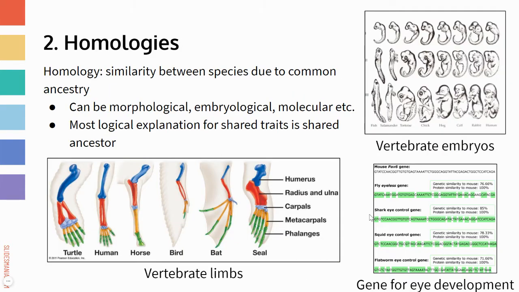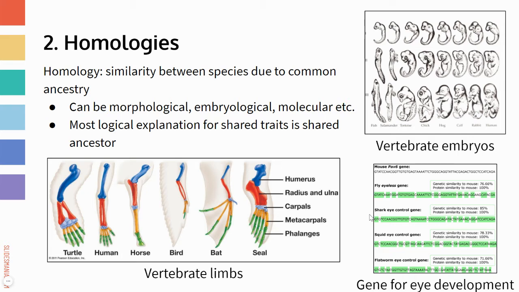So another class or type of evidence that we have for evolution is homologous structures, or homologies. A homology is a similarity between species because they inherited that trait from a common ancestor. And we can have all different types of homologies. It can be morphological, which has to do with the structure or the actual physiological makeup of an organism.